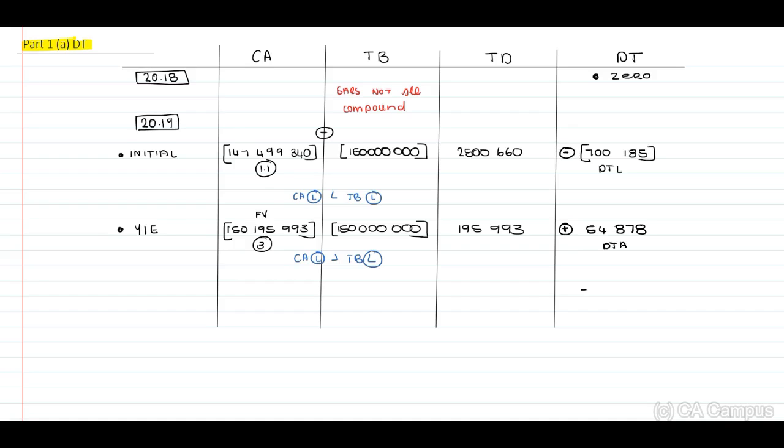Therefore, if we move from a negative 700,185, we move to a positive 54,878. We have a movement of 755,063. And that movement we need to recognize in our profit and loss.